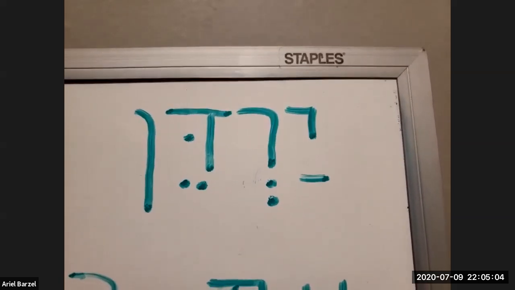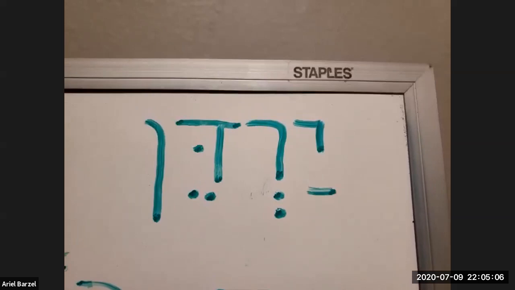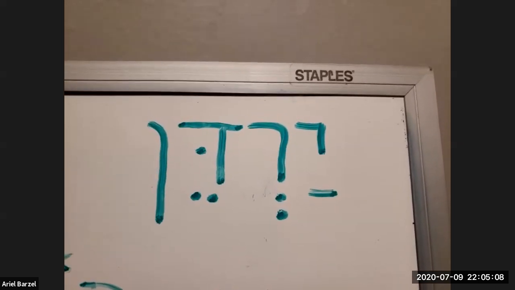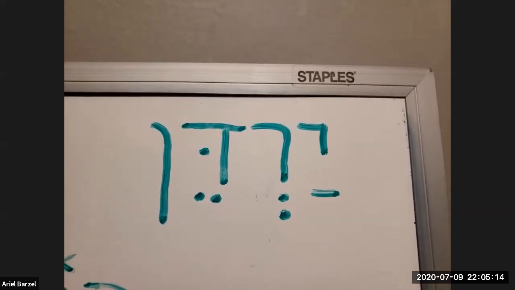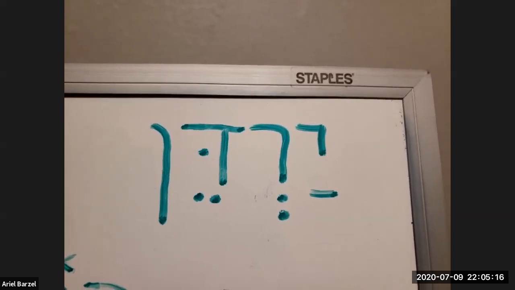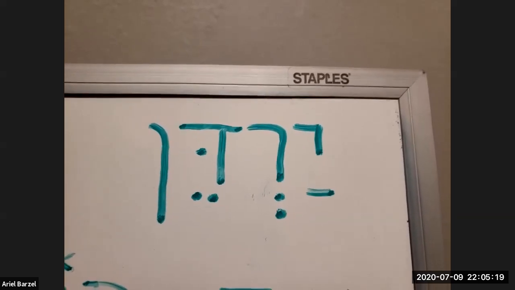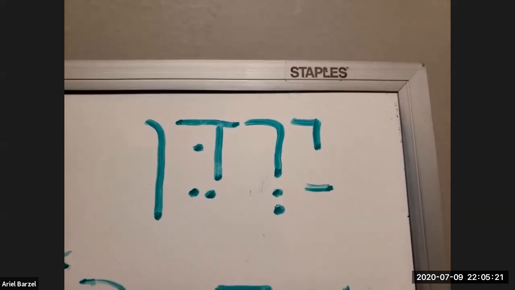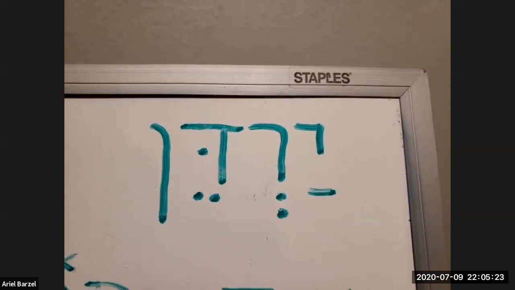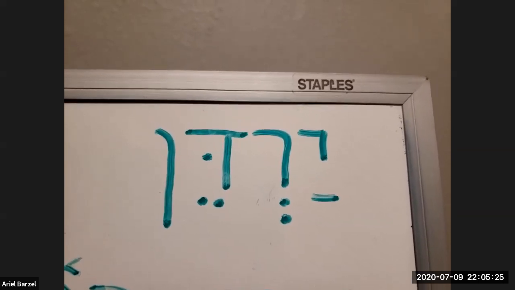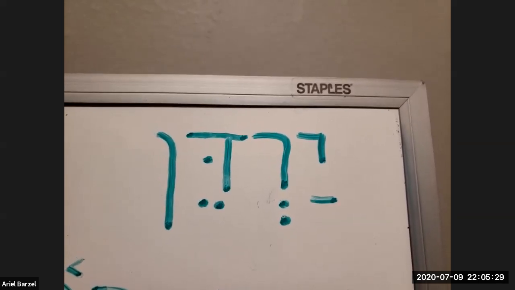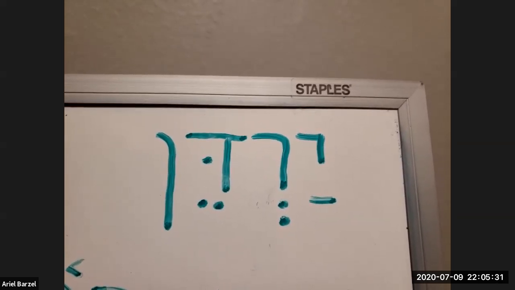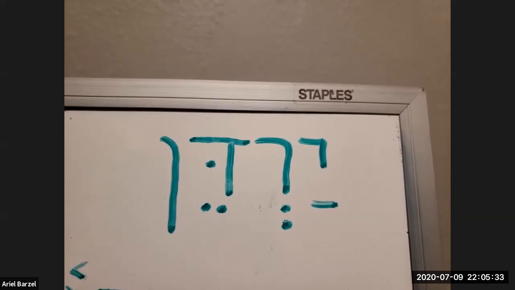Okay. Well, there's a couple of rules. Usually, dagesh lene is at the beginning of a word. And the reason why is because a dagesh lene cannot come after a vowel, including a shewa.